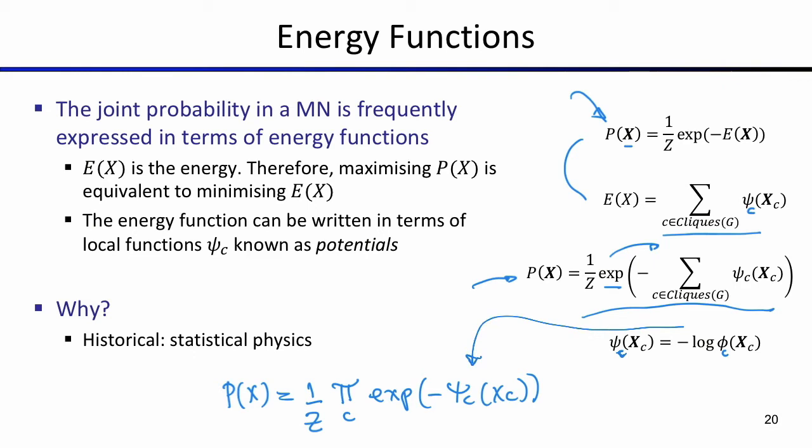We will have the exponential of log, which is simply the term phi c of xc, and everything here just changes to phi c of xc, and we have the Gibbs distribution exactly how we defined it before. So talking about these energy functions and talking about the Gibbs distribution that we had before is exactly the same thing. It's just another way to write the same idea, but now we're expressing it with these exponential functions.